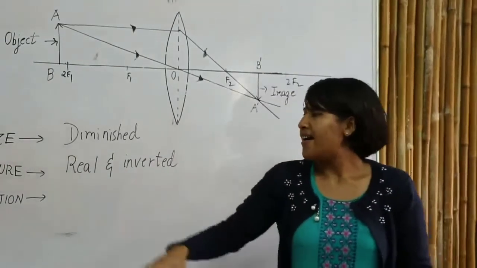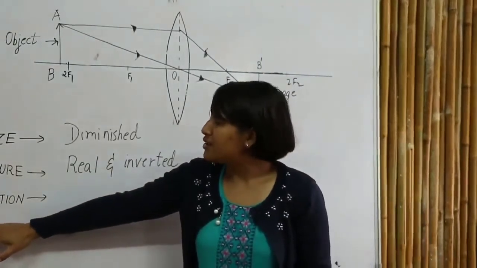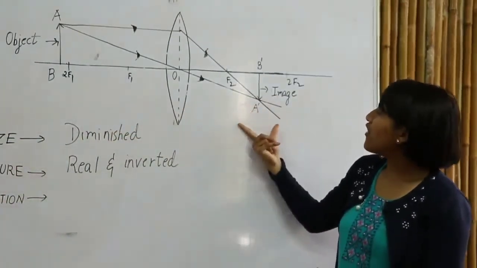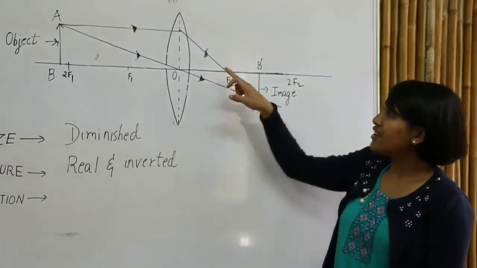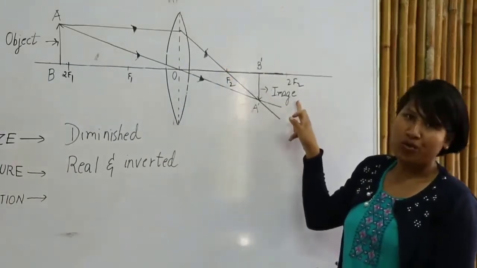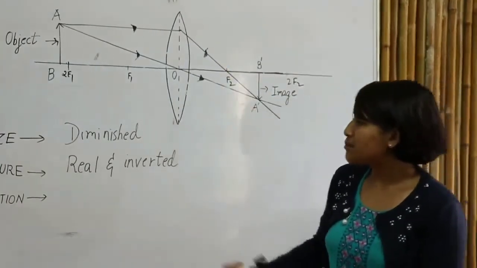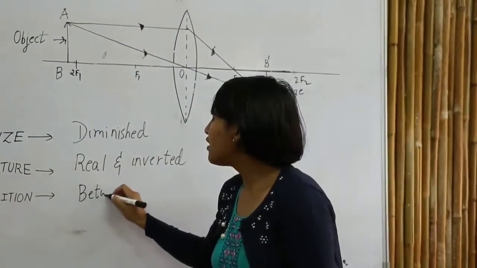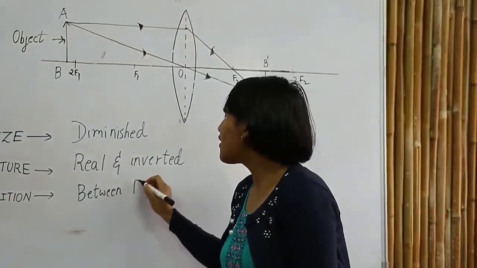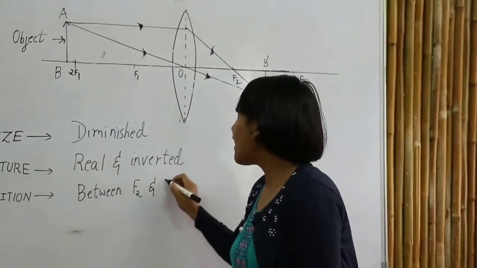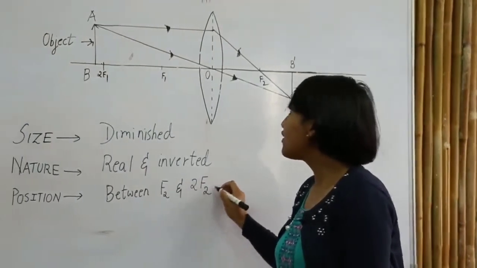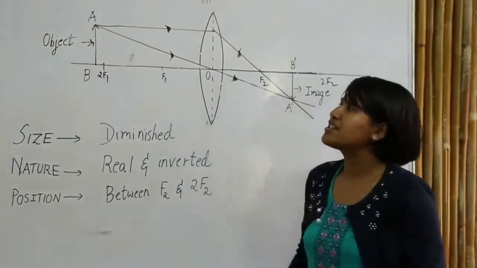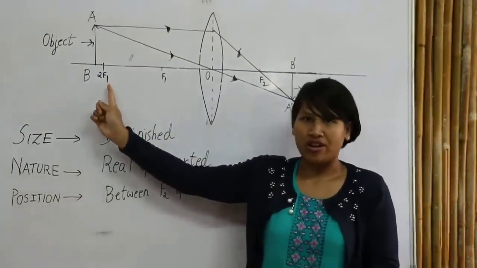And the position of the image, if you try to locate, you will find that it is between f2 and 2f2. So this is the case when the object is placed beyond 2f1.